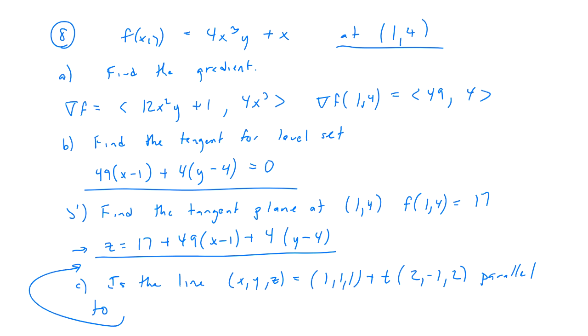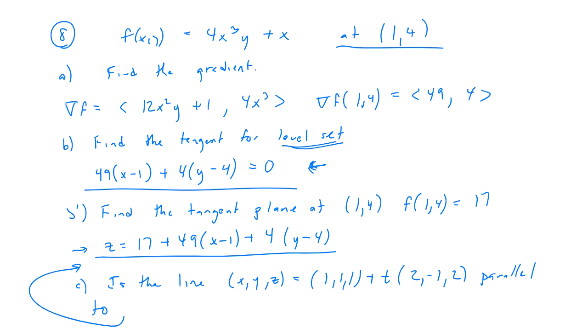In this setup you have to add the function, but if the wording was this is x, y, z, and it was 4x cubed y plus xz, so now it's a four-dimensional thing, and you were asked to find the level set for the tangent plane, then it'll be like B. So if you're asked to find a tangent something for a level set, then you're using just the gradient.